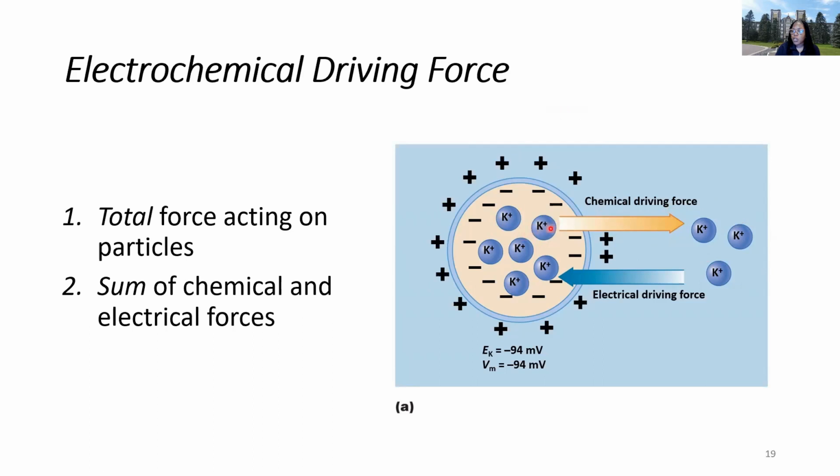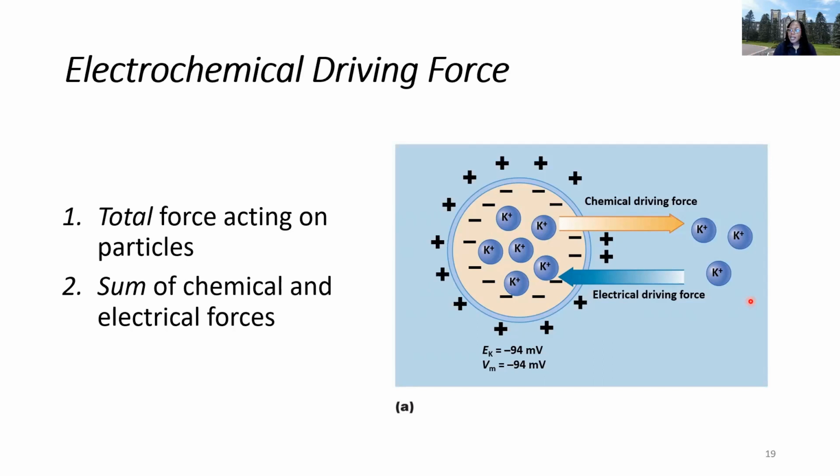So there's a chemical force wanting to move it out. And then if we took the electrical driving force under consideration, that is based upon the charge. Potassium is positively charged, and there's the polarity of the cell. There's an overwhelming negative charge on the inside, overwhelming positive charge on the outside. So a cation like potassium wants to move to the inside of the cell.